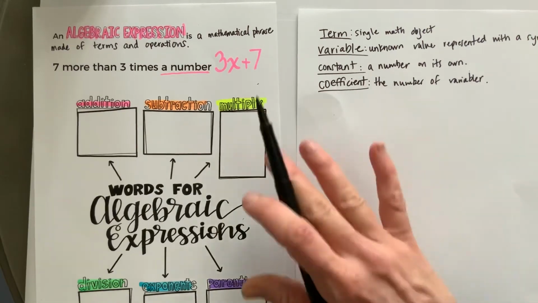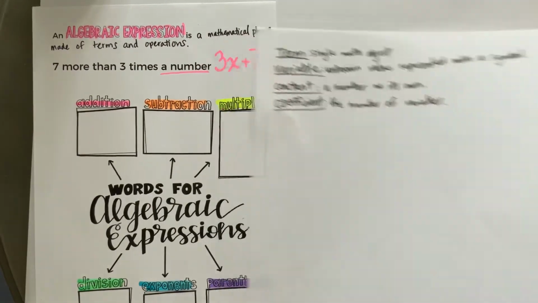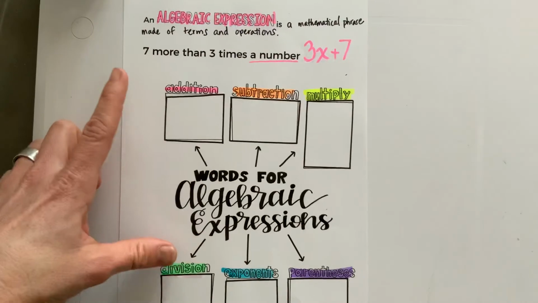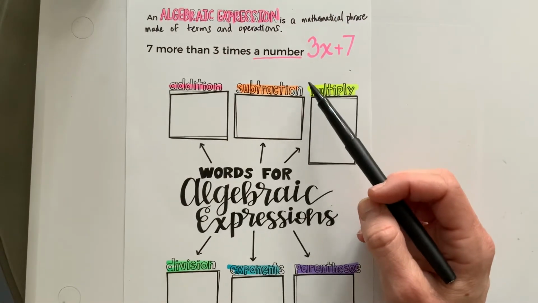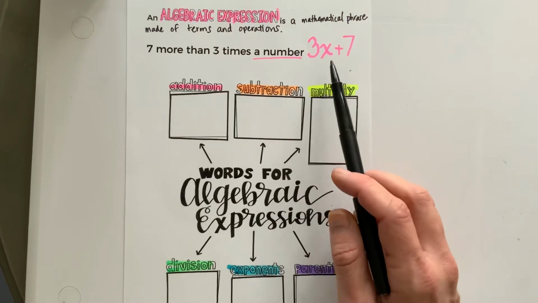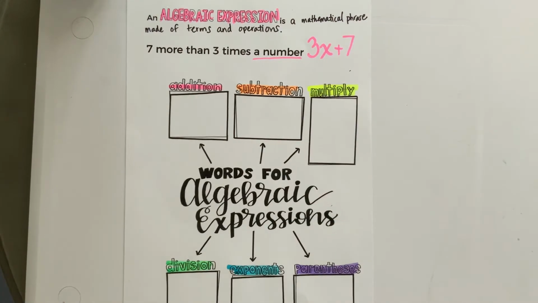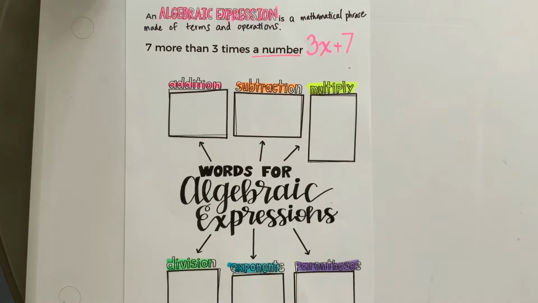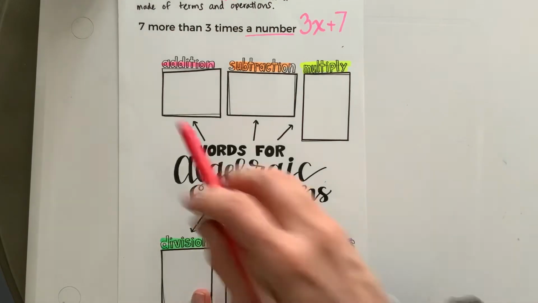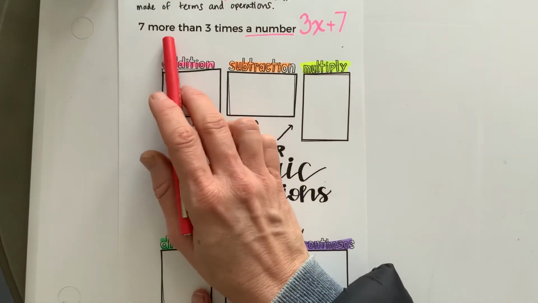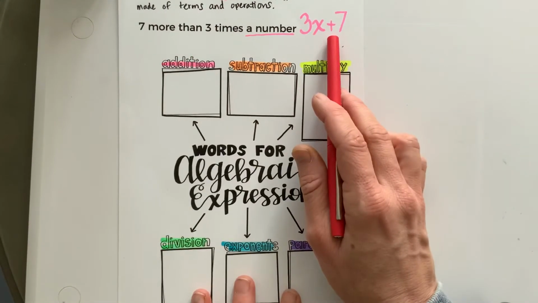Okay, so now we got the vocabulary out of the way. Let's go back to our guided notes. Okay, so when we are translating from words to algebraic expressions, there's often some clue words. And these clue words are going to be very similar to what you've seen when you're working with word problems with basic operations. So for example, because it was 7 more than, we knew that we needed to add.